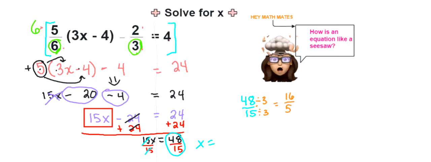That's a little easier fraction to work with because the numbers are much smaller. So now we can ask ourselves, how many 5s can fit into 16? 5, 10, 15. 3 of them. 3 makes 15, and we've got 1 left to get to 16. So there's my answer, 3 and 1/5.